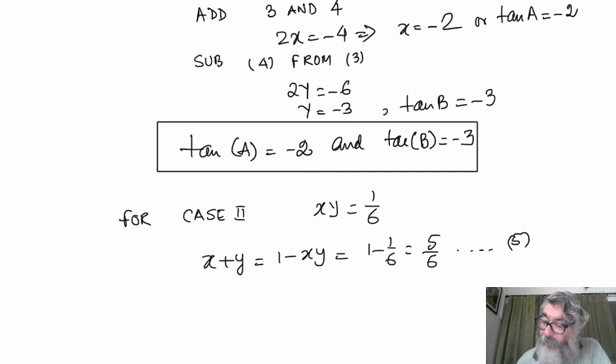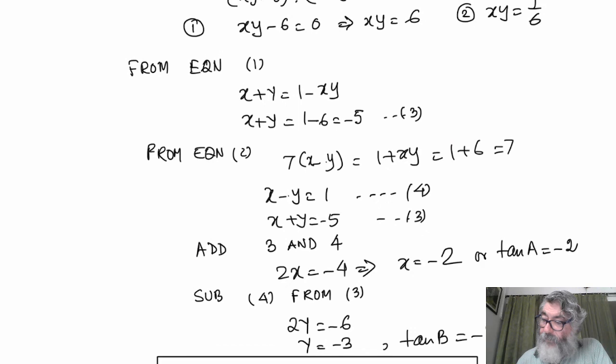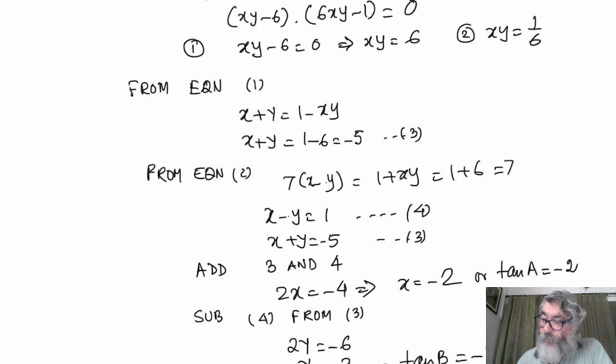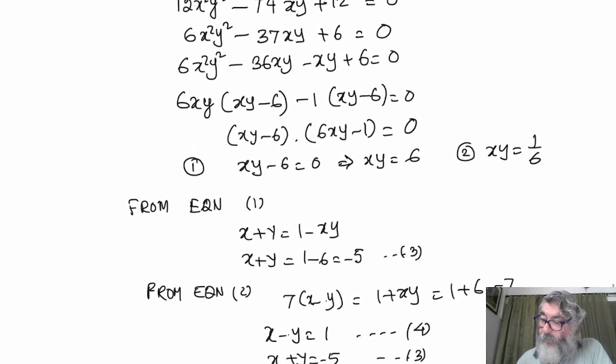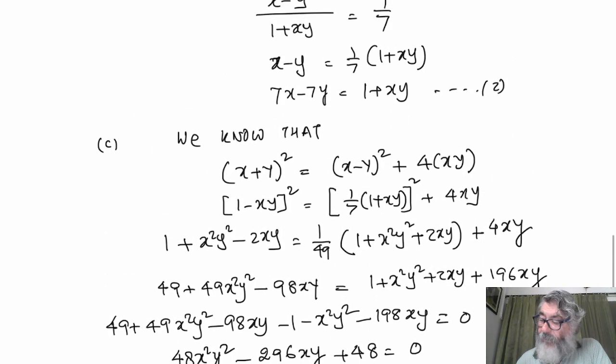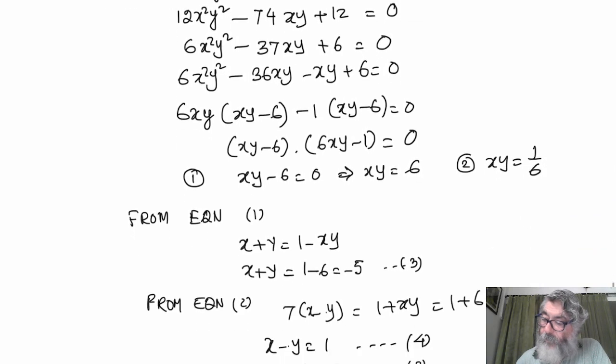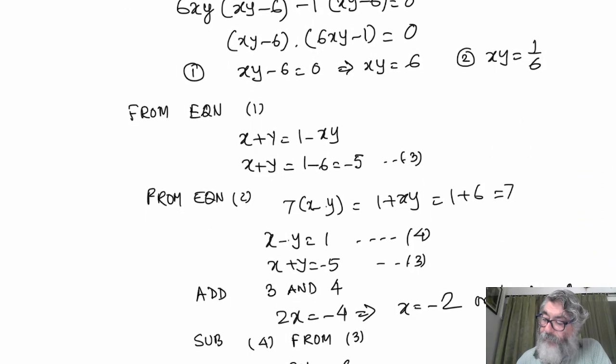And in the second case, x minus y was equal to, let us see this, x minus y is equal to 1 upon 7 into 1 plus xy.